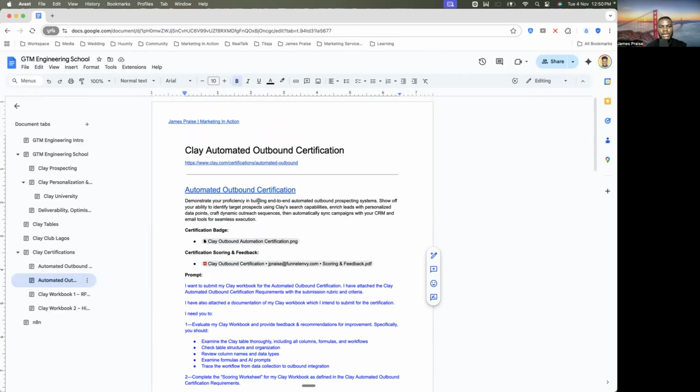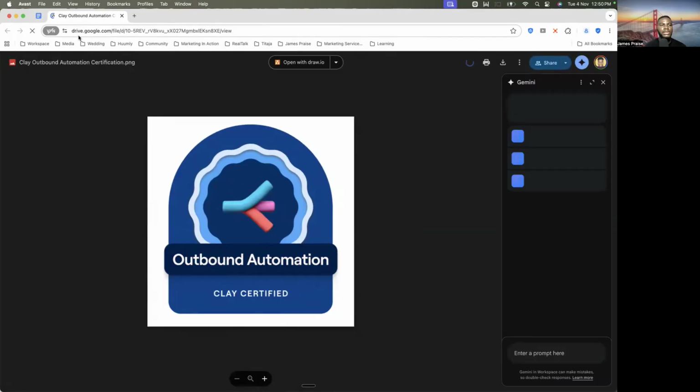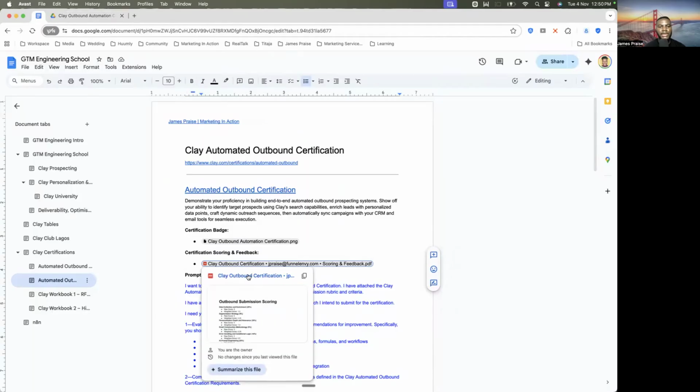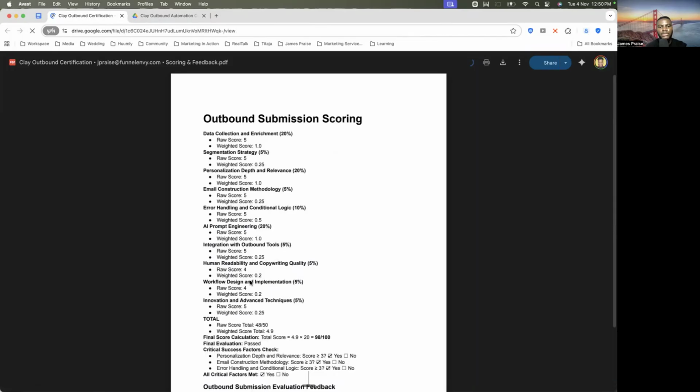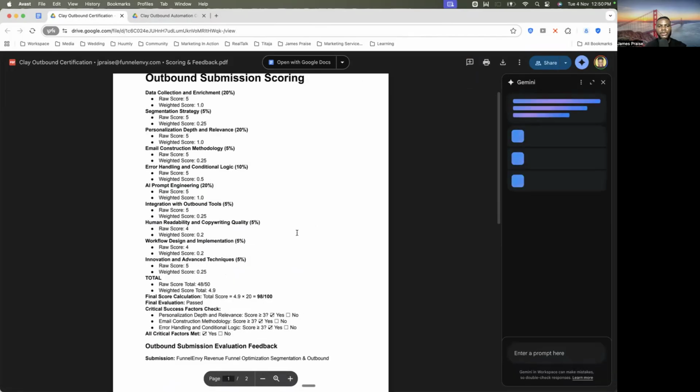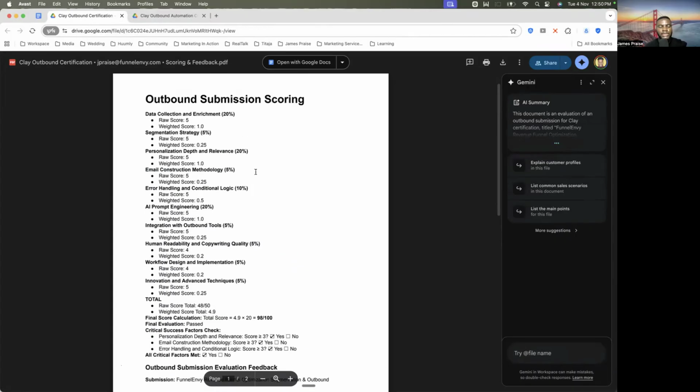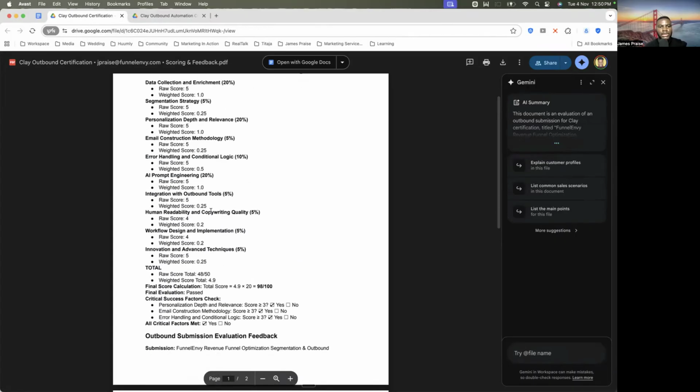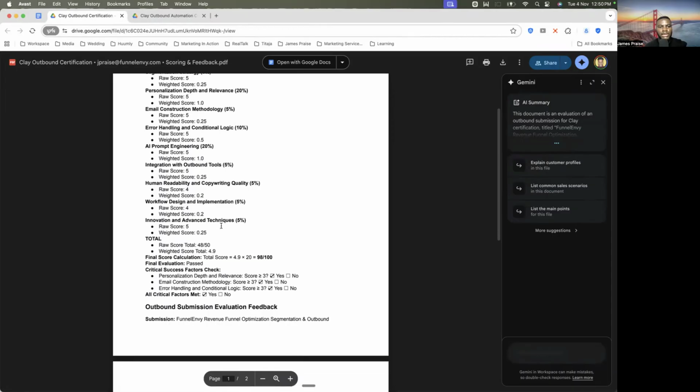So this is everything. Let's look at how all of this worked out for me in terms of the Clay certification. Clay has an automated outbound certification, which I have actually scaled, and I'm certified now on Clay. And then the feedback I got from Clay in terms of how my table was built is here, right? So I actually scored 98 out of 100 in terms of how I was able to meet all the criteria in data collection, segmentation, and then readability and workflow design, right?